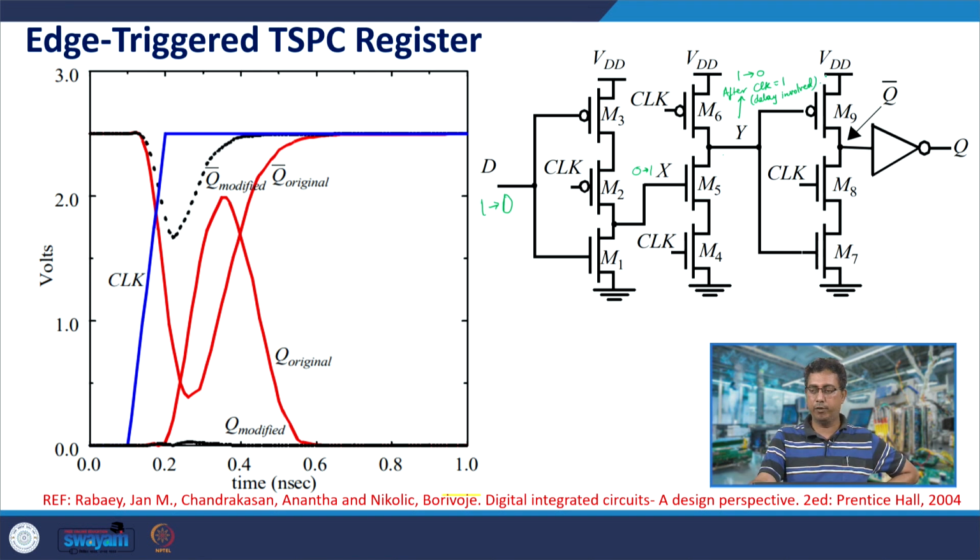Okay, there is a delay involved. In the meantime, during the transition of y from 1 to 0, M7 is on and M9 is off.